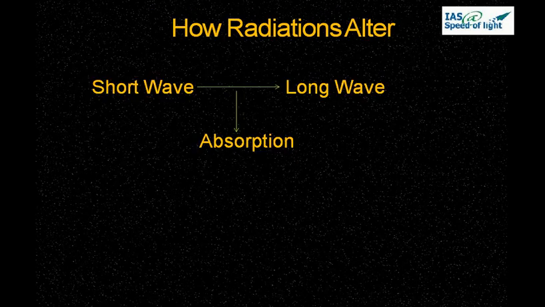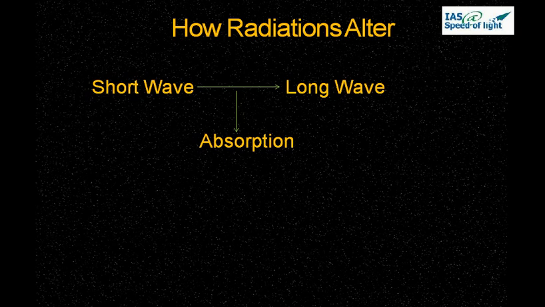Let's move on now. We have seen the short waves and the long waves. Now we will see how radiations get altered: how a short wave is going to change into a long wave and what effect it will have on our environment. When we go from short wave to long wave, something happens in between that changes the radiation from a very short wave to a long wave, from a powerful wave to a weak wave.